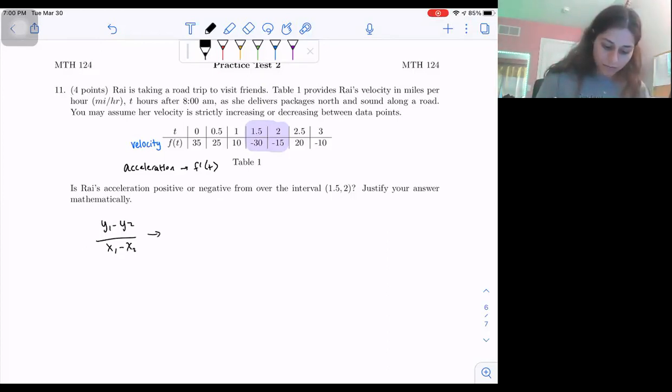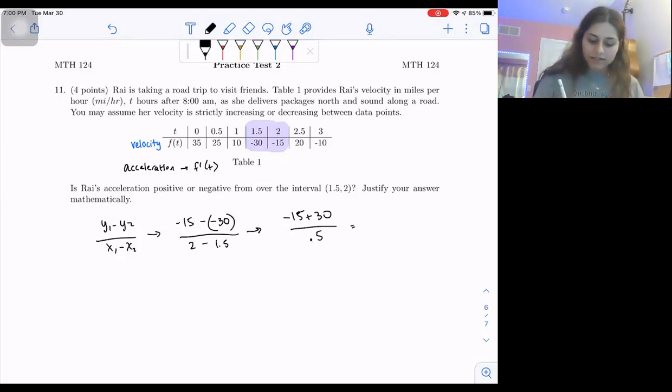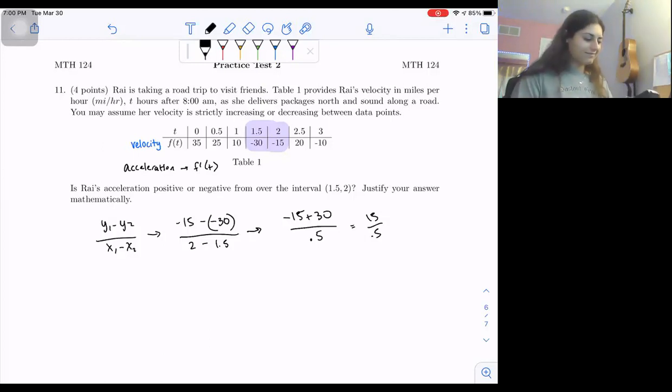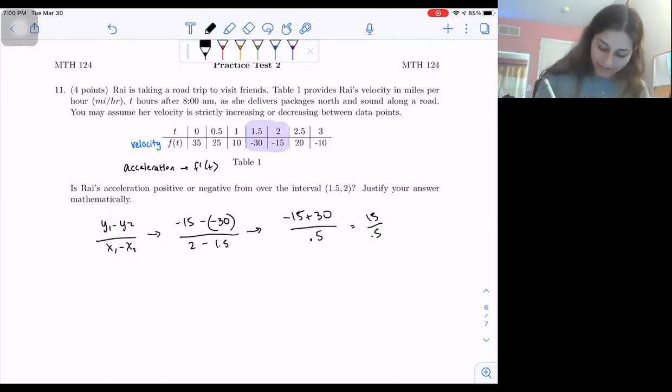So we'll put in y1 as negative 15, y2 as negative 30, x1 as 2, x2 as 1.5. And so that will be negative 15 plus 30 over 0.5. That's 15 over 0.5. And that's 30. I should know that. Okay.